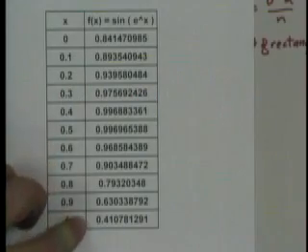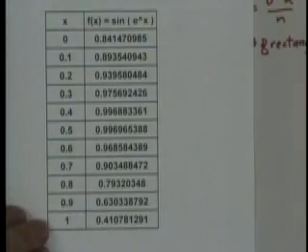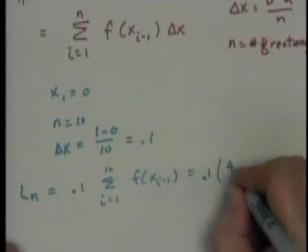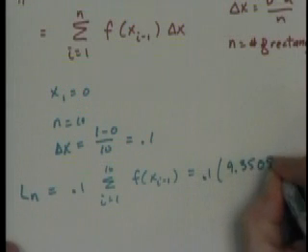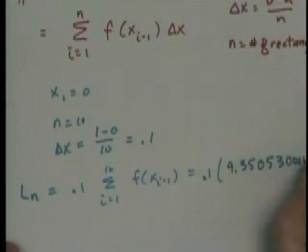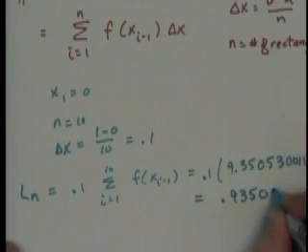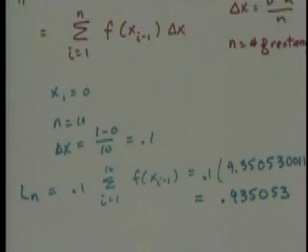So I got 9.350530011. If I want 6 decimal places of accuracy, I'm going to get 0.935053.